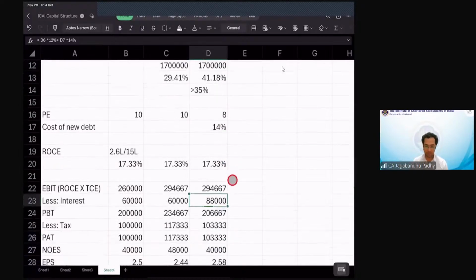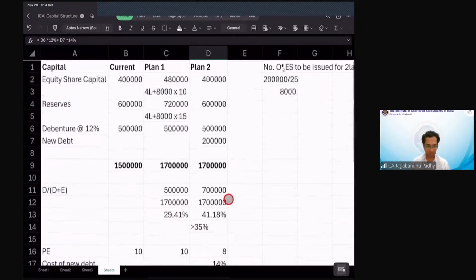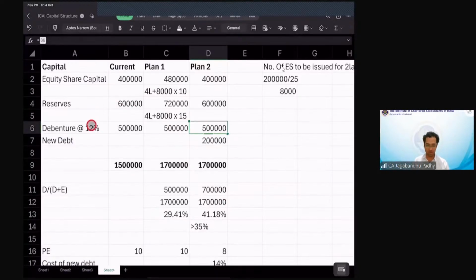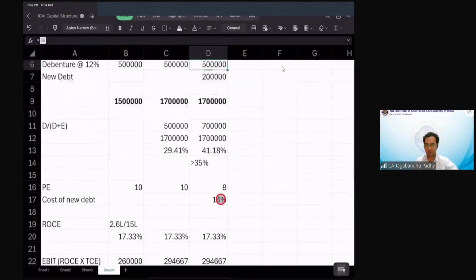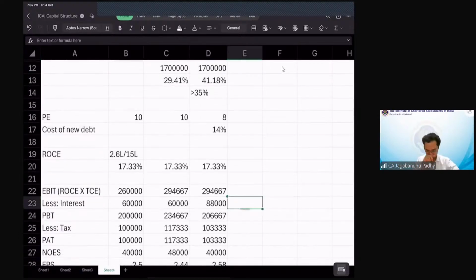Okay. Interest of 88,000. That you know. 5 lakh into 12% plus this 2 lakh extra debt at a cost of 14%. Got it? Ambeshwari.